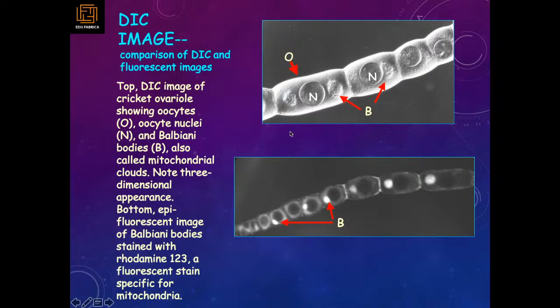Epifluorescent images of Balbiani bodies stained with rhodamine 123, a fluorescent stain specific for the mitochondria. This is the epifluorescent image, and this is the DIC image. In the DIC image we can see more straightforwardly than in the epifluorescent image. More things we can see bulging out.